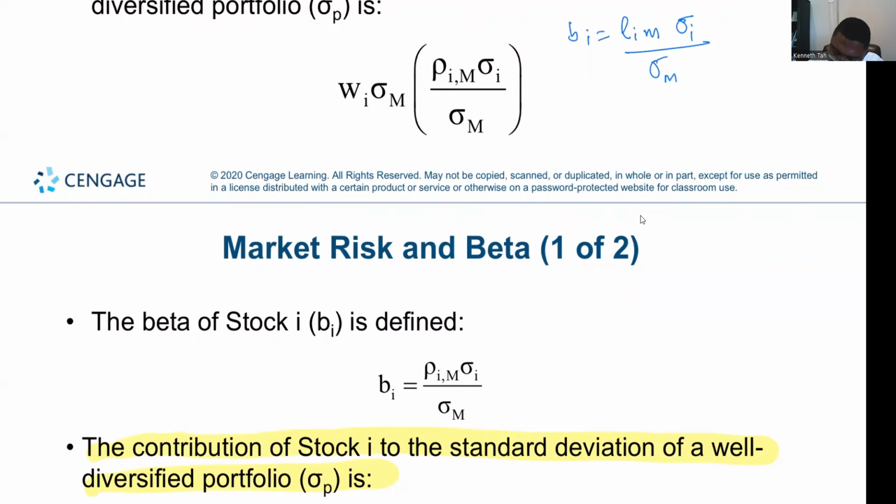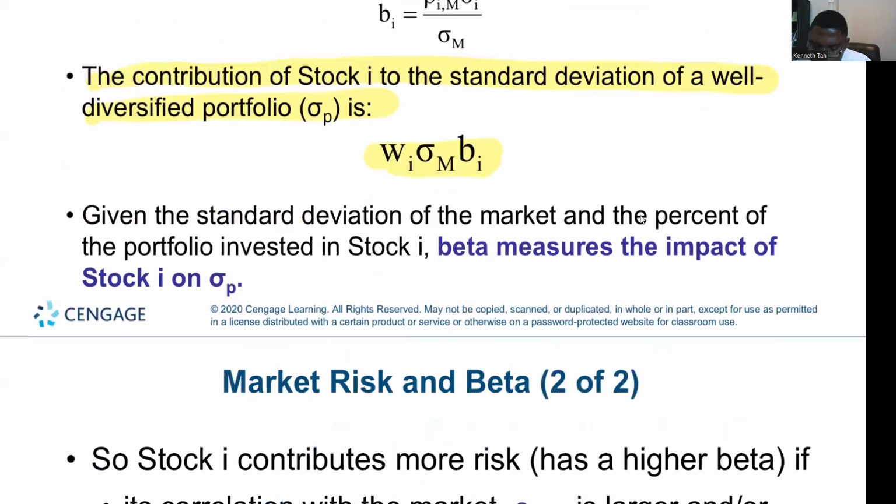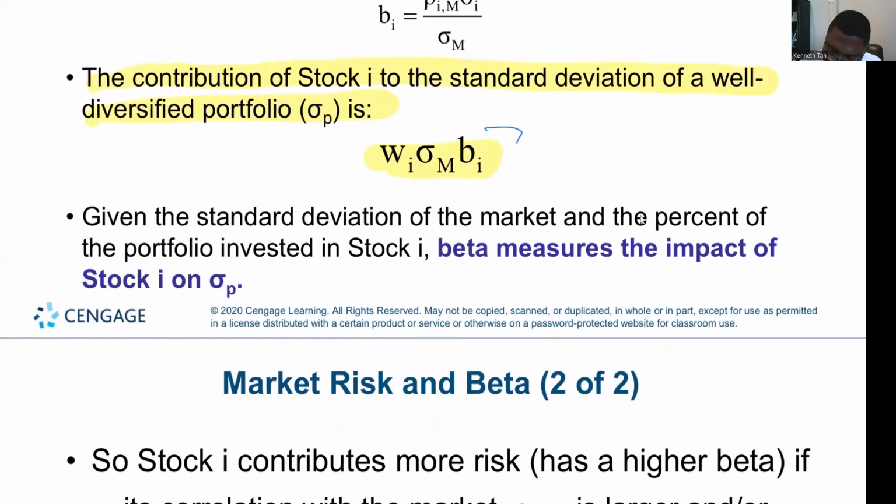So if we try to substitute that, this will be all of that. So this implies that we will end up with something like WIQM, which is the standard deviation of the market. All of that is the beta I. So this is what we have.